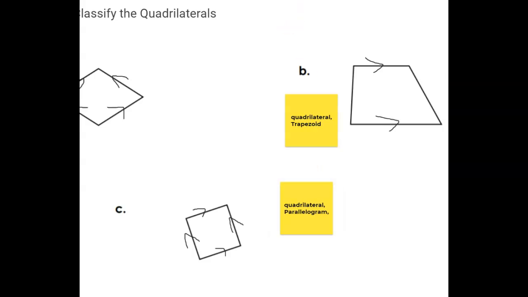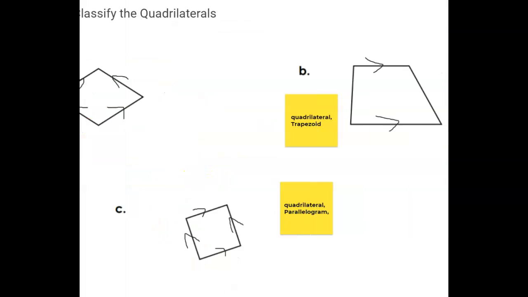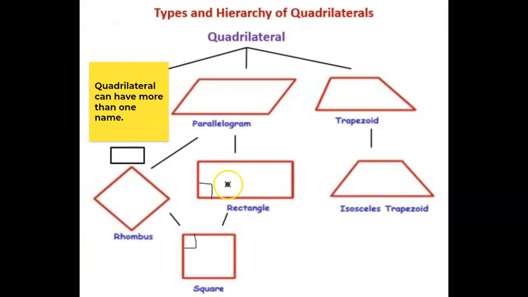Now we've got to decide what kind of parallelogram it is. Does it have right angles or not? Let's see. Well, these kind of look like right angles, don't they? I think this is a right angle, and I think this is a right angle. This looks like a right angle. This looks like a right angle. So yeah, it's got right angles, right? Which means it's either a rectangle or a square.